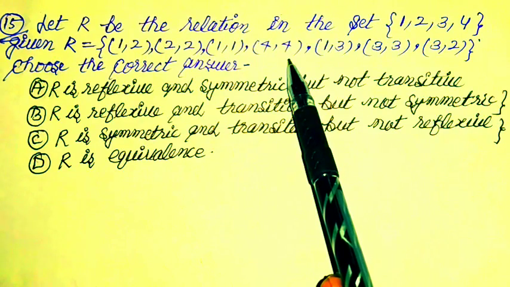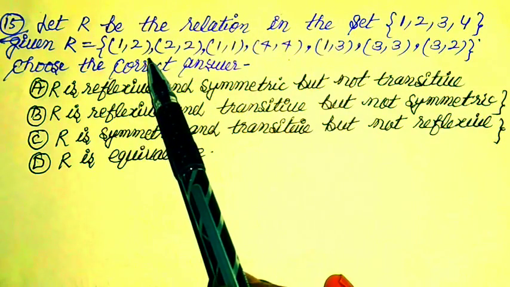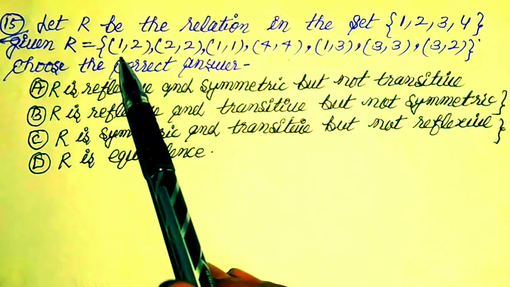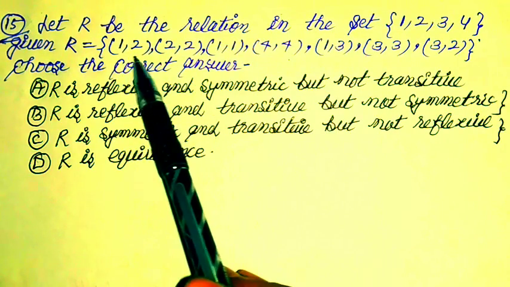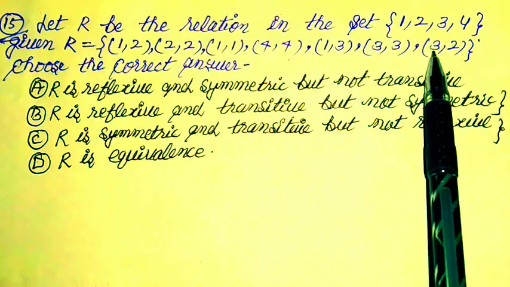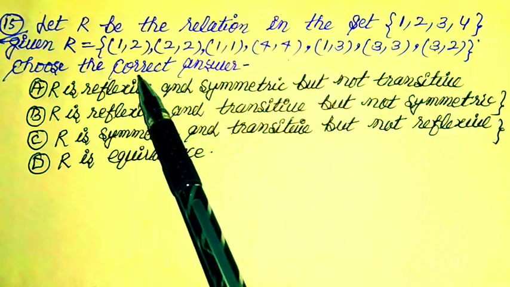Now see if it is symmetric or not. In symmetric, we see (1,2) here, but (2,1) is not present in the relation. So we can say it is not symmetric, isn't it? Now see if it is transitive or not.